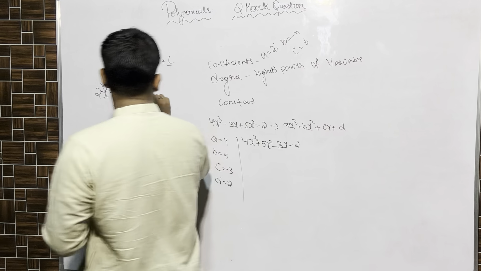Coefficients are not asked here, but still we are writing them. We compare this with A x power 7, B x power 6, C x power 5 plus D x power 4 plus E x power 3, F x power 2. After F, what will come? G x plus H.